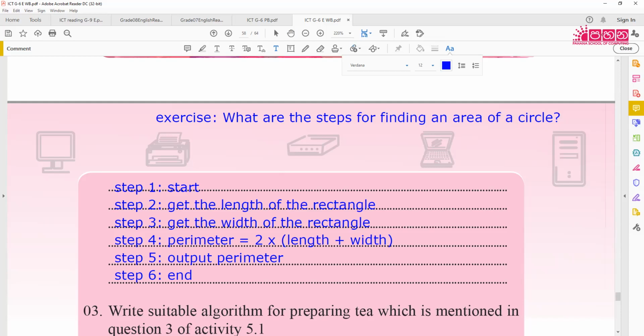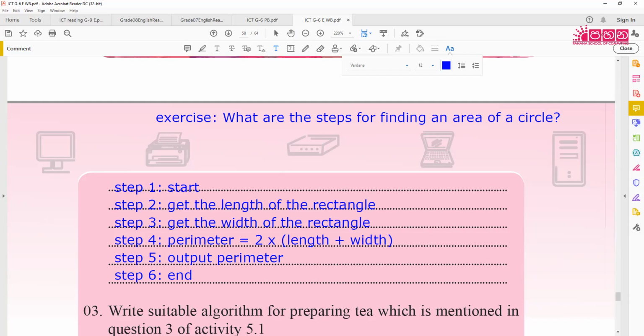Do you know how to find the area of a circle first? Right? Do you know how to find the area of a circle? Okay, have you done? Done?